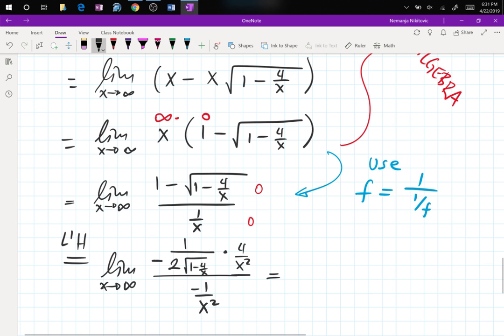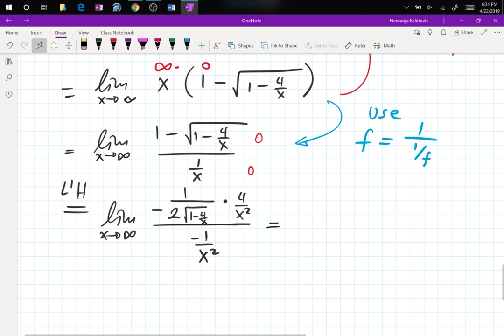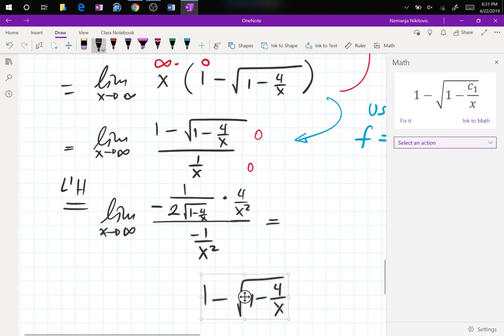If you're having any issues with this, remember you can always use the button, if the derivatives are not right. So 1 minus the square root of 1 minus 4 divided by x. Remember, you just select this, and then you push math. He always reads my 4s as a C1.